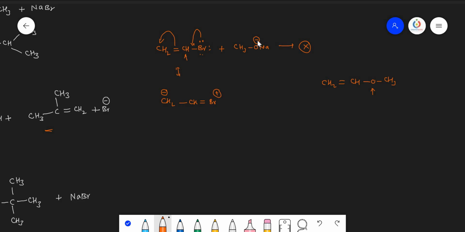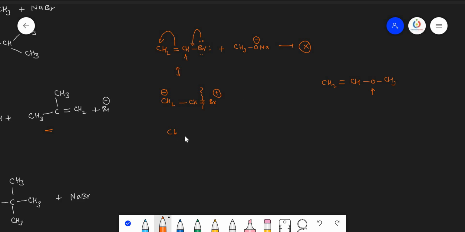Now in this case, this alkoxide ion cannot break the double bond between the carbon and halogen. It is possible to break only a single bond. So that's why we cannot prepare this type of ether. So ethers having the unsaturated carbon directly attached cannot be prepared using this Williamson synthesis.